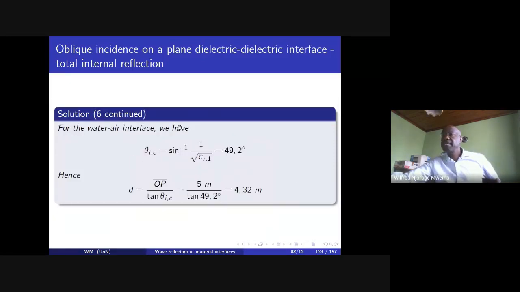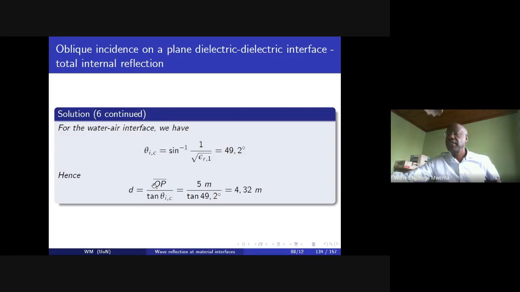For the water-air interface, epsilon 1 is of course that of water, and epsilon 2 is that of air. So theta IC is going to be given by the arc sine of 1 over the square root of epsilon r1, and we get an angle of about 49.2 degrees.